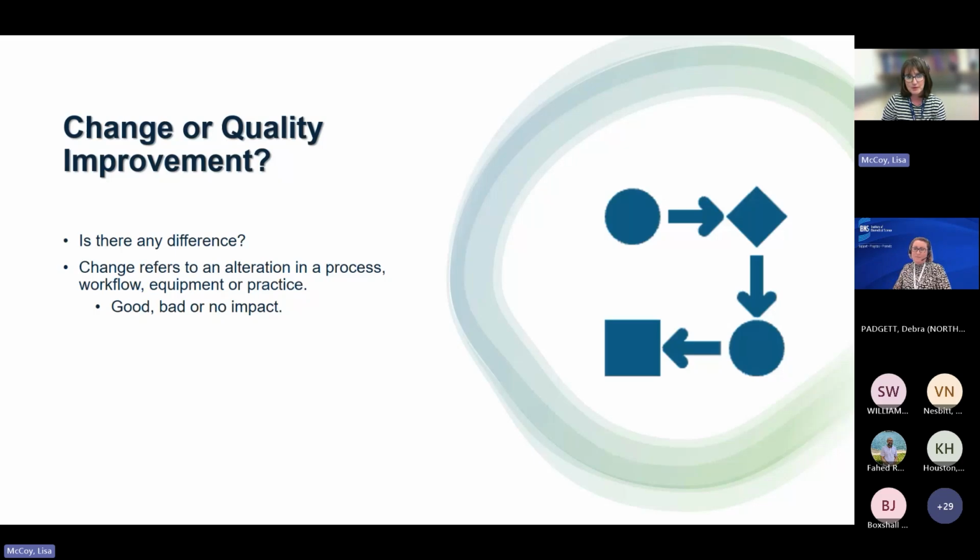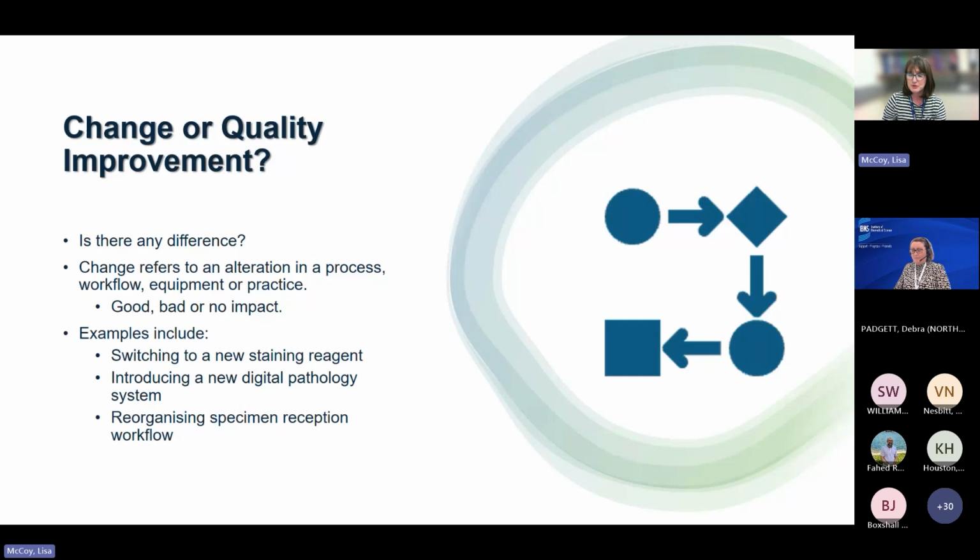It could be a piece of equipment or how we do things. Change can have a positive impact, it can have a negative impact or no impact at all. And examples can include switching to a new staining reagent, perhaps introducing a new digital pathology system, or reorganizing specimen reception workflow. So all those changes could be positive, they could have no impact at all.